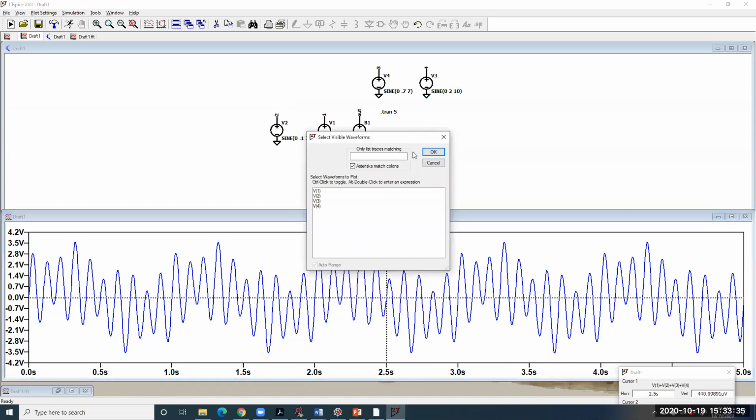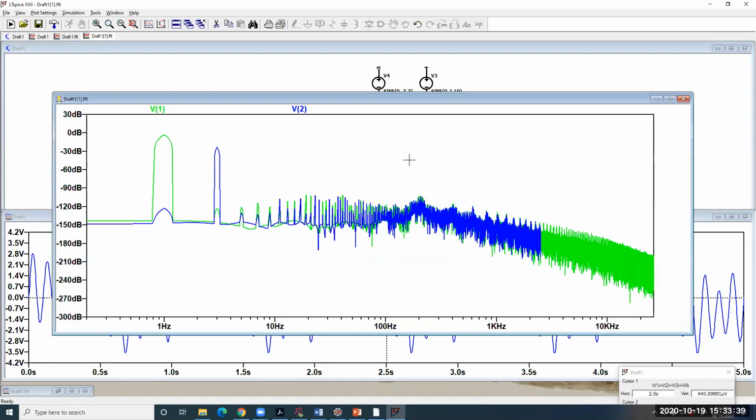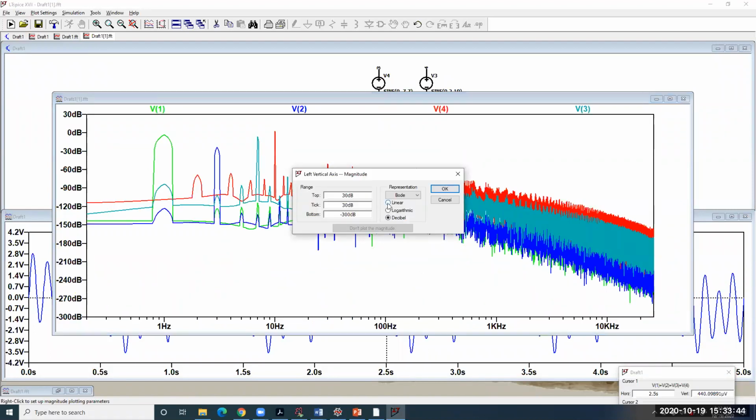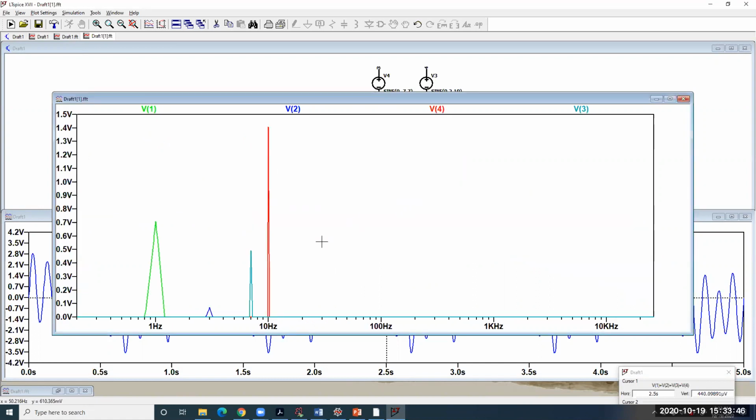And if I split it up, you can see the various magnitudes are back at the various frequencies.